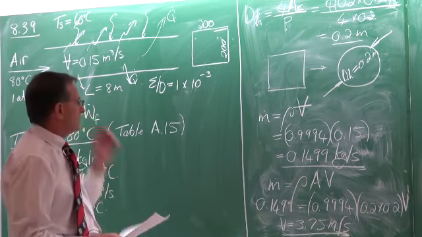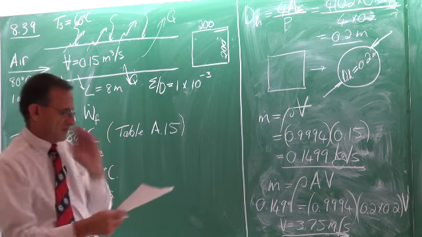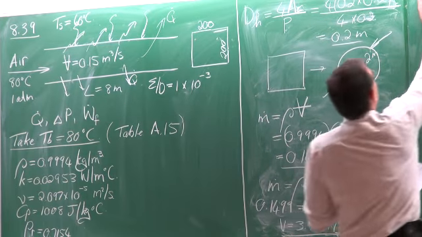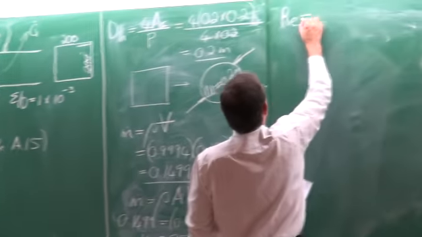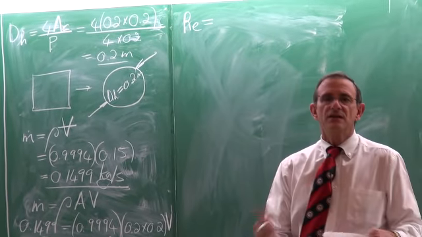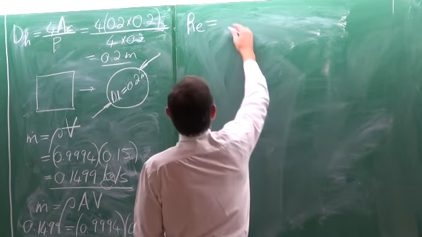Okay. Right, so there we've got the mass flow rate now, and we've got the velocity. So we can calculate the Reynolds number. And to calculate the Reynolds number, there are at least 3 different methods that can be used.